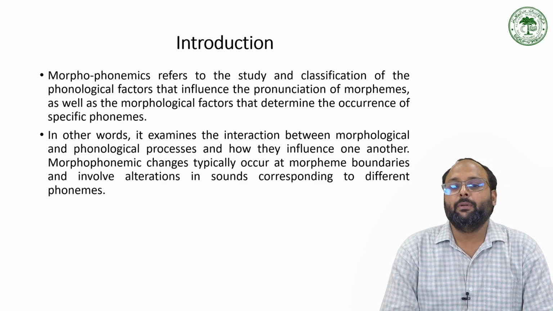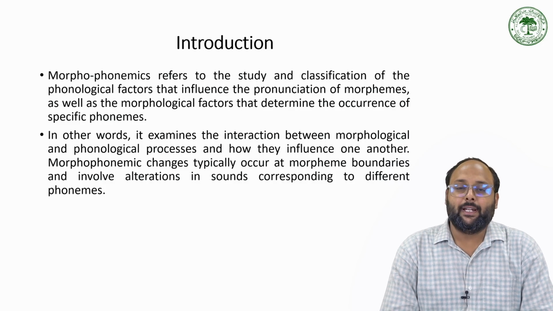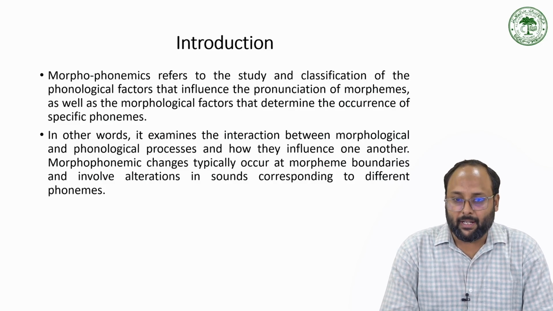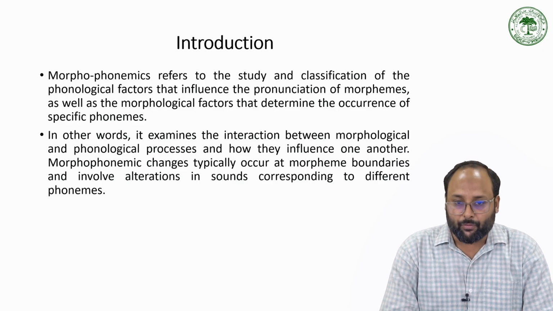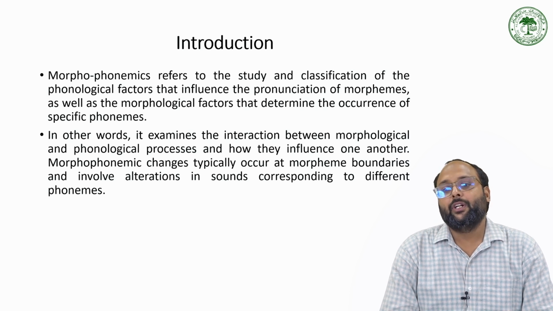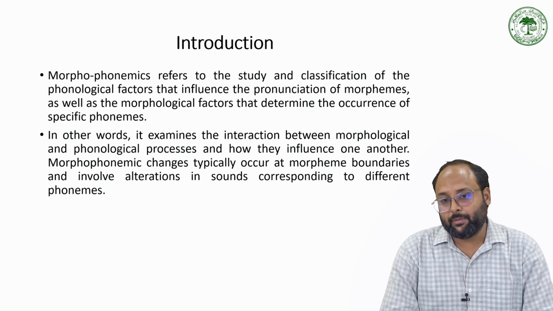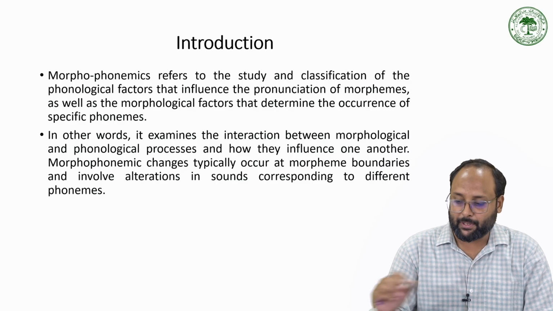Morphophonemic changes typically occur at morpheme boundaries. So there is a different alternation in the sound according to the morpheme, and a different alternation in the morpheme according to the phoneme. That is called morphophonemics.